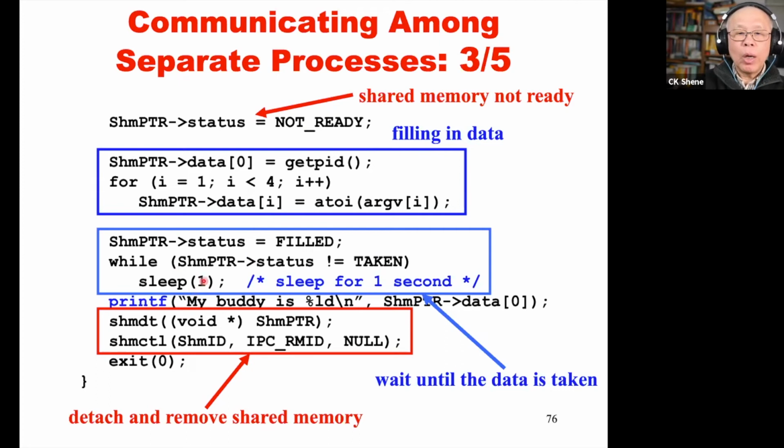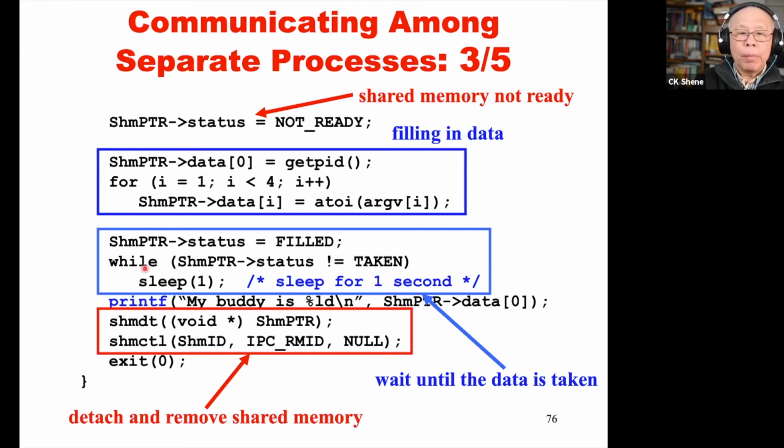So after 1 second, this process goes back and checks to see whether the status is not taken. You may want to say, how come the status could be changed to taken from filled when I'm running there? Well, the client will change it. So this is your first example to see some communication between 2 processes.